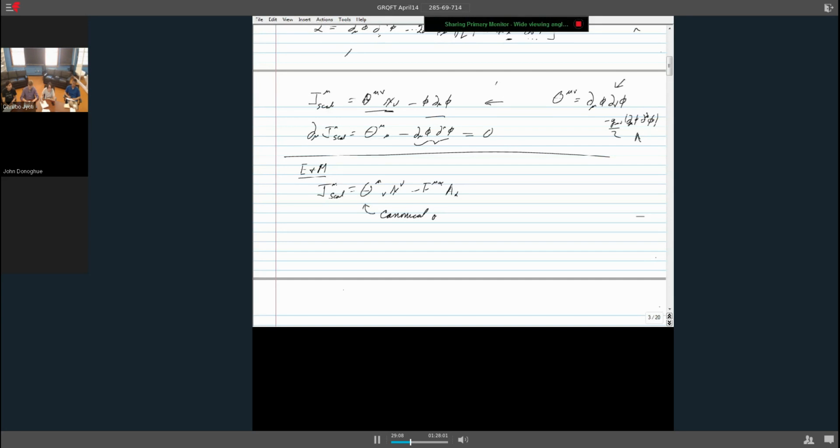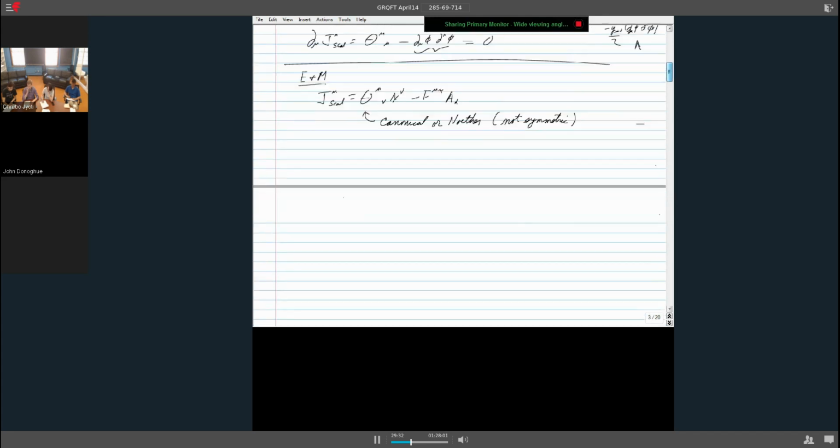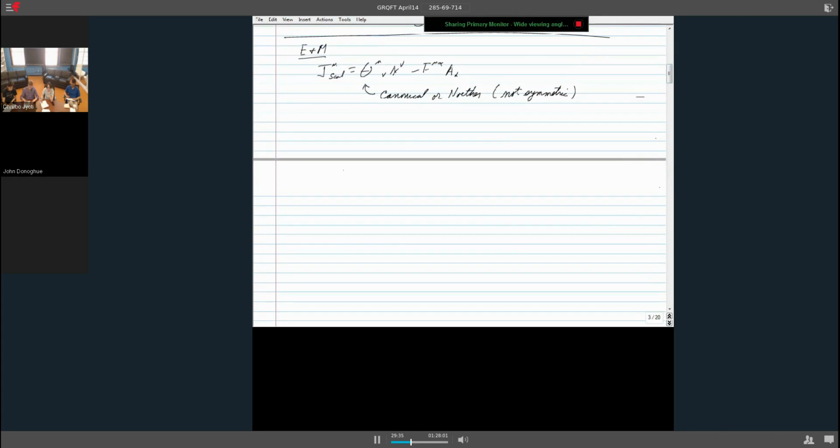If we do this for E and M, for the photon, the other current, the scale current, is theta mu nu x nu again minus f mu alpha a alpha, where this theta is the canonical or Noether current, which I remember we constructed early in the class.